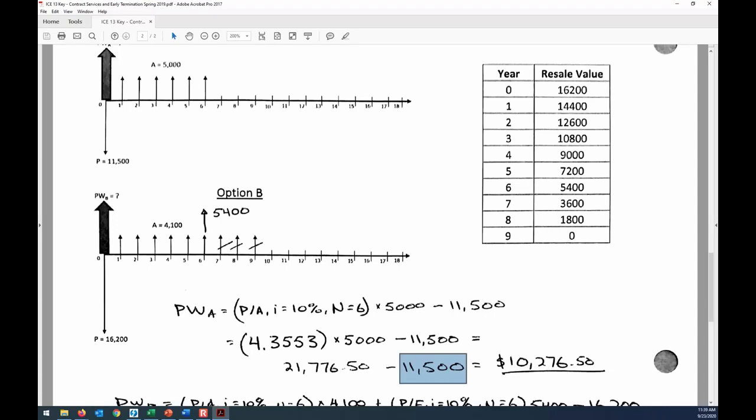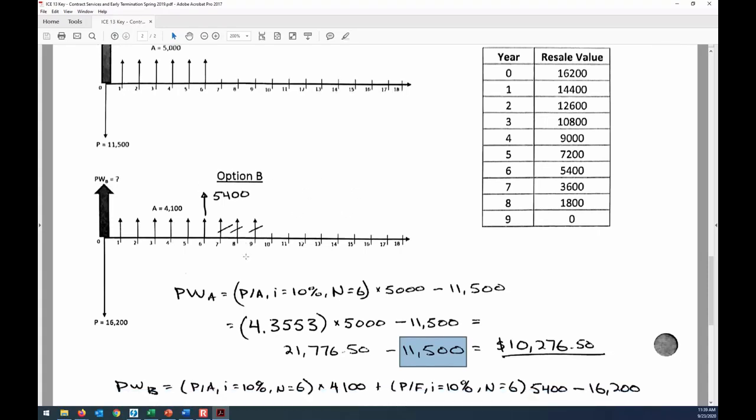All right, so option B, I'm going to do find P given A on that $4,100, which we have 6 years worth of, and then find P given F of the single $5,400 amount.